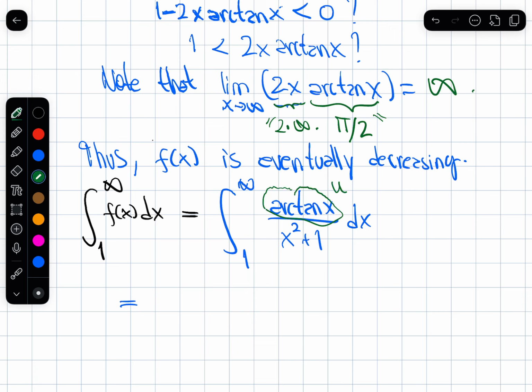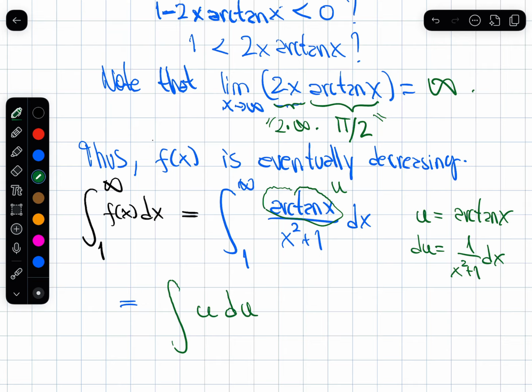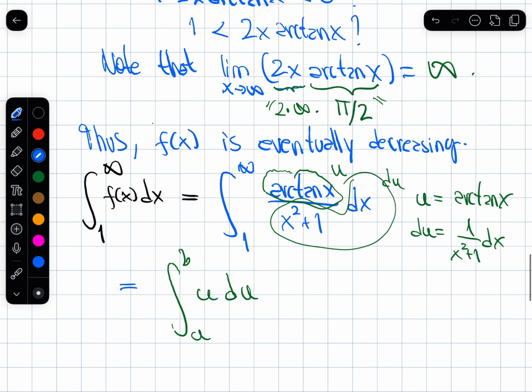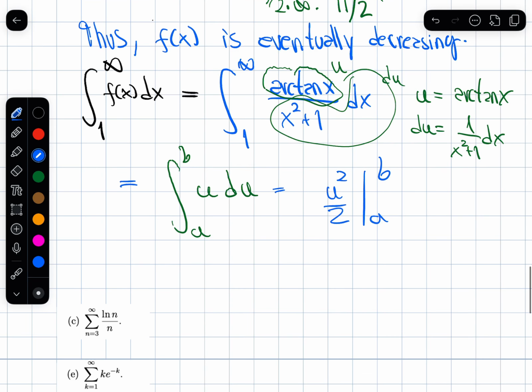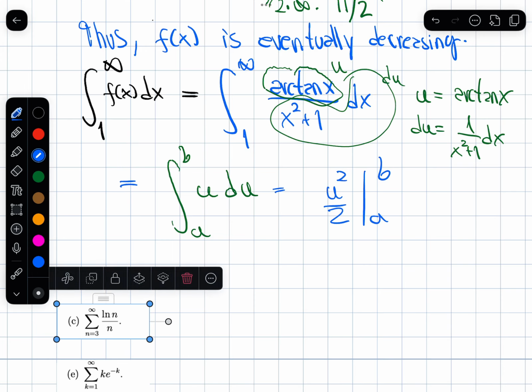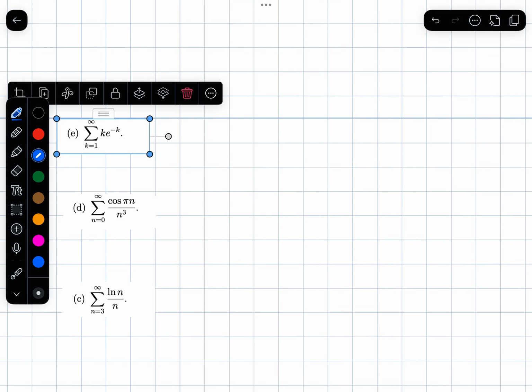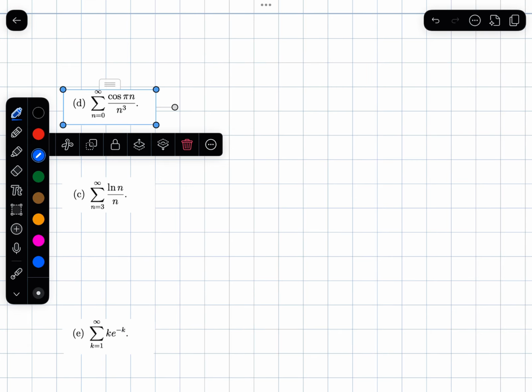This is u, which makes du equal 1 over x squared plus 1 dx. So this will then be the integral of u du. Right, all of this becomes du right here. And so I'm not going to mess with the limits of integration. I'll leave them be. But then this becomes u squared over 2 from a to b. Then I'm going to change them back.